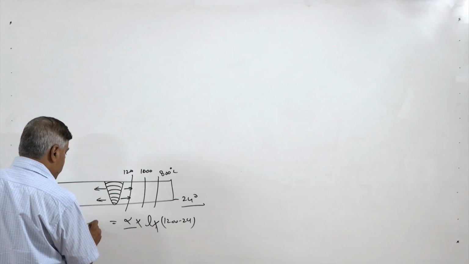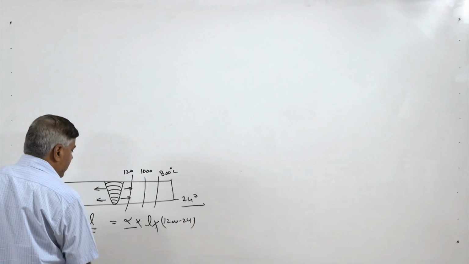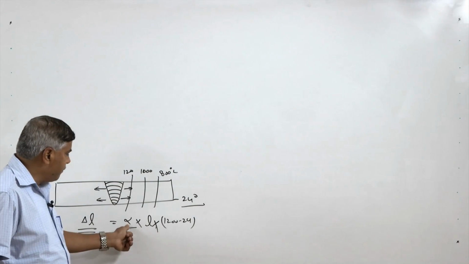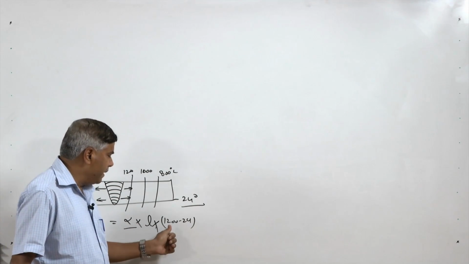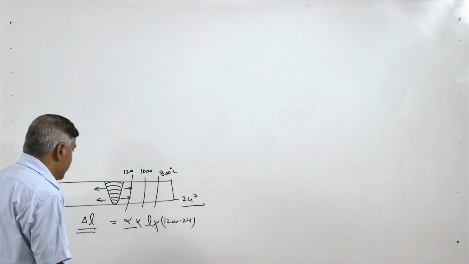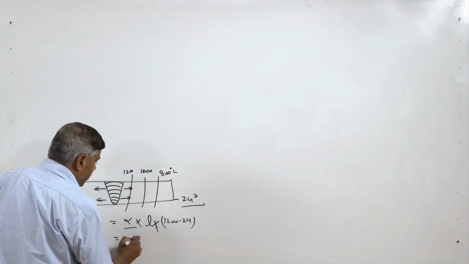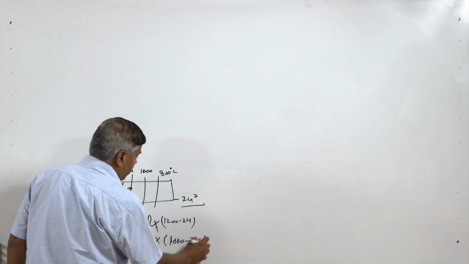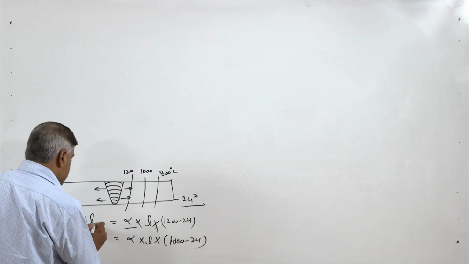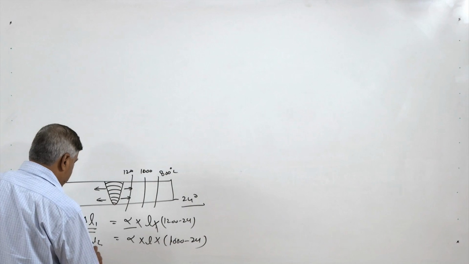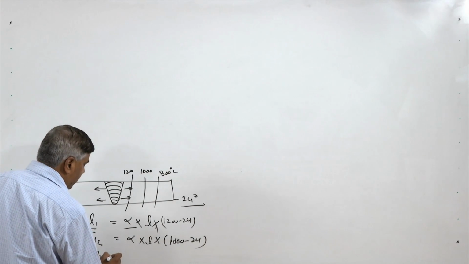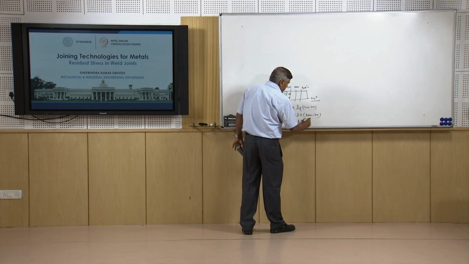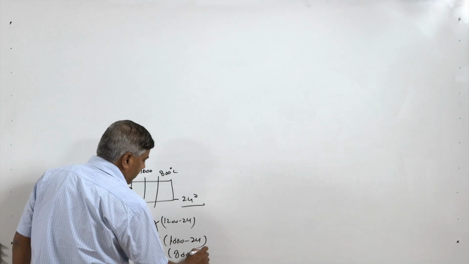So, the change in length in this segment should have been by alpha multiplied by length multiplied by 1200 minus 24. For another segment, alpha is the same, L is the same, and the temperature difference is 1000 minus 24, and for the third segment, alpha into L into 800 minus 24, giving the change L1, L2, L3 it should have experienced.